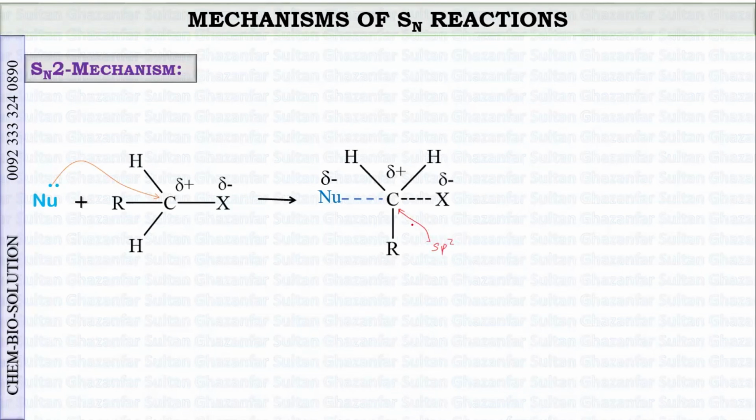It has been proven by different techniques. And this is called the transition state because one bond is being formed and another bond is being broken. The nucleophile-carbon bond is being formed while the carbon-halogen bond is being broken. This is called the transition state.